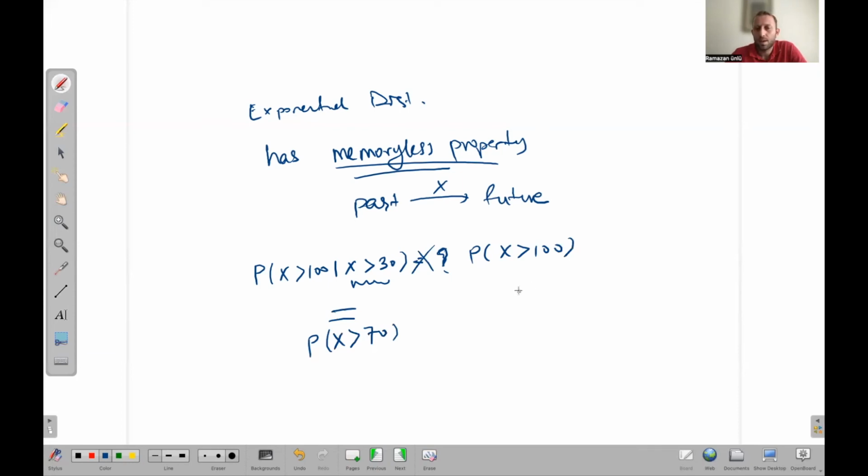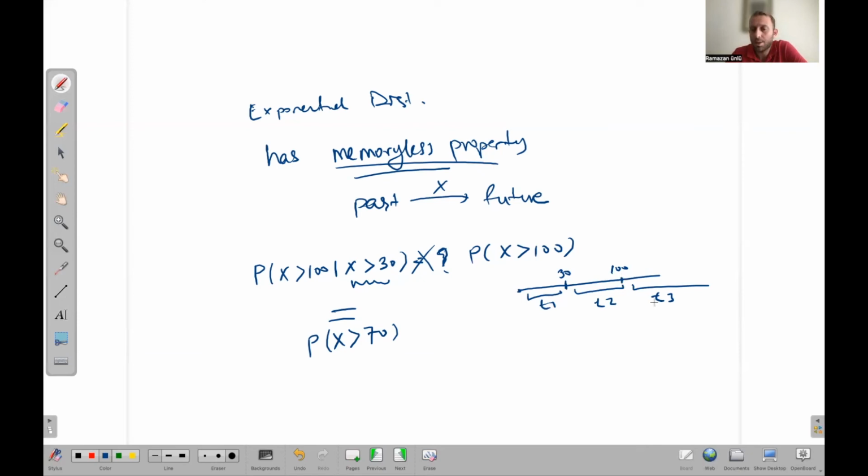Let's say this is our interval, okay? This is the first part, T1, this is the second part, T2, and this is the last part, T3. What I'm asked is that this point is 30, and this point is 100. I'm asked the probability of x greater than 100.